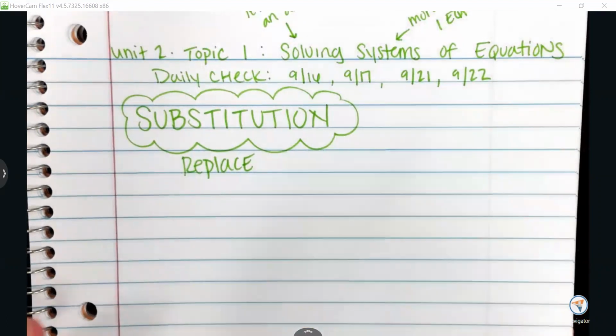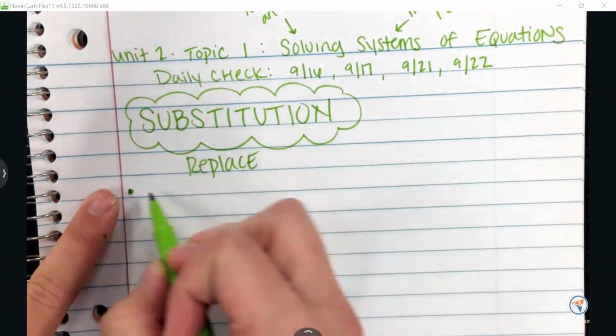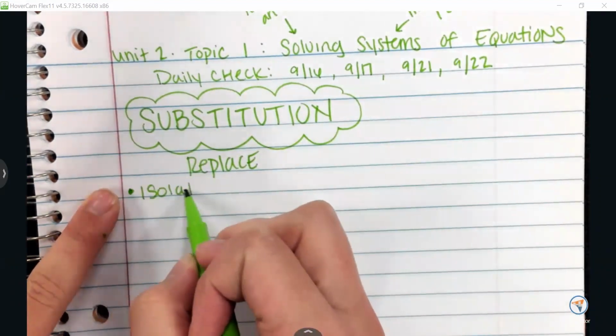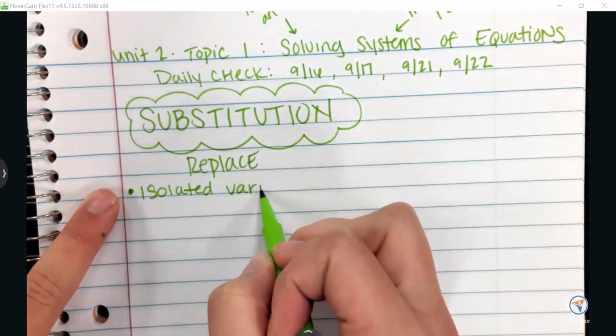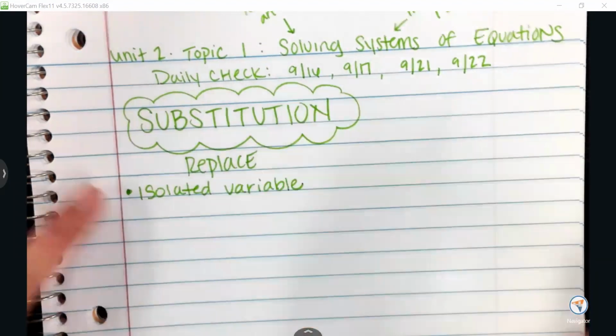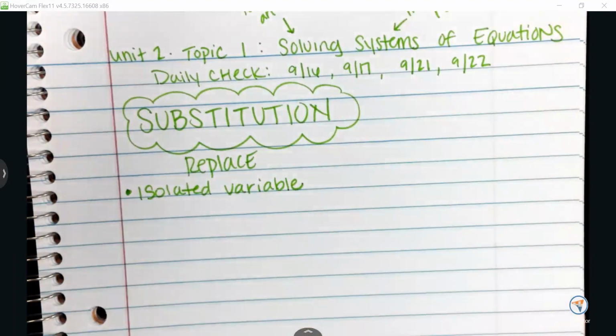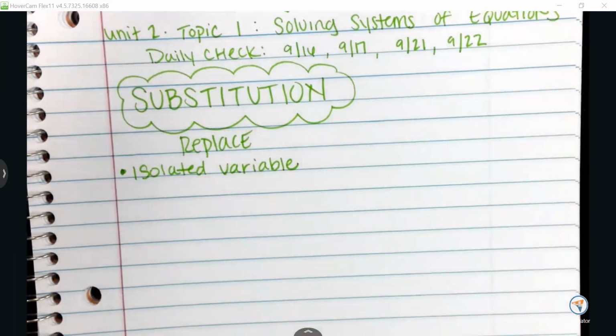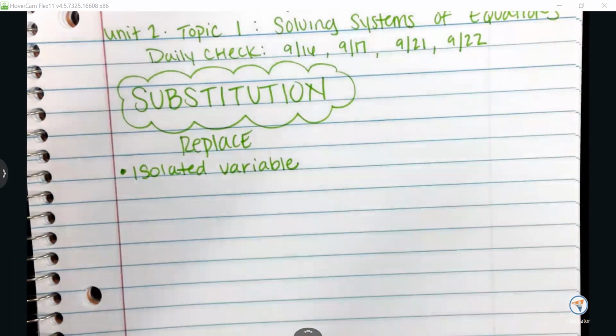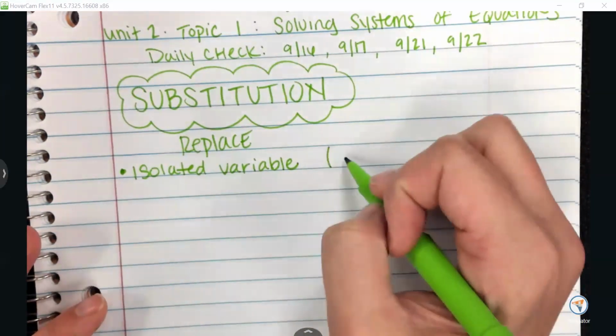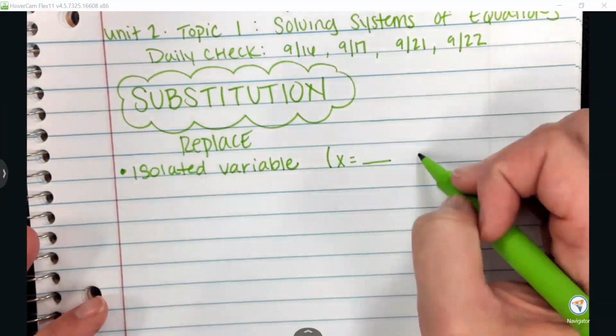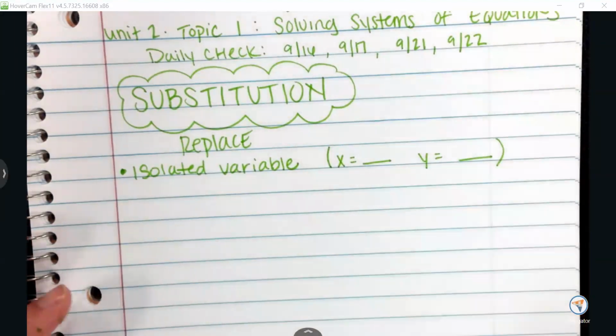So here's how you know. If my problem has an isolated variable, what does isolated mean? By itself. What's a variable? A letter, okay? So isolated variable means I have X equals something, Y equals something. My letter is by itself.